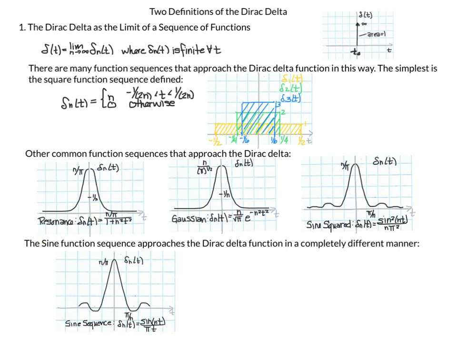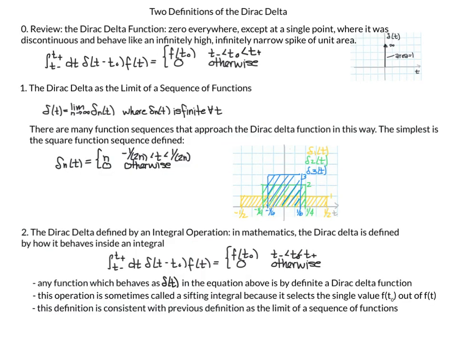The sine function sequence approaches the Dirac function in a way that's different from the square function. It's also discussed more in your book, but this is all I'm going to say about it. So this is going to be a short video.